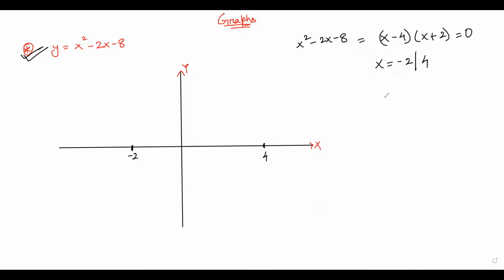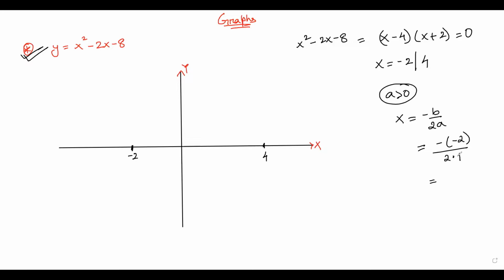Again, here the leading coefficient is positive, so we'd get an upward parabola. So we'd get a minima point, and we can find it simply by using x equal to minus b upon 2a. That is, minus of minus 2 upon 2 into 1, as the value of b here is minus 2 and the value of a is 1.